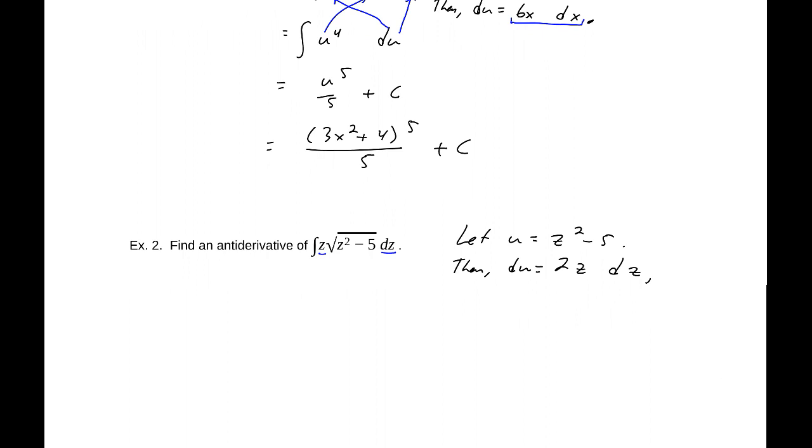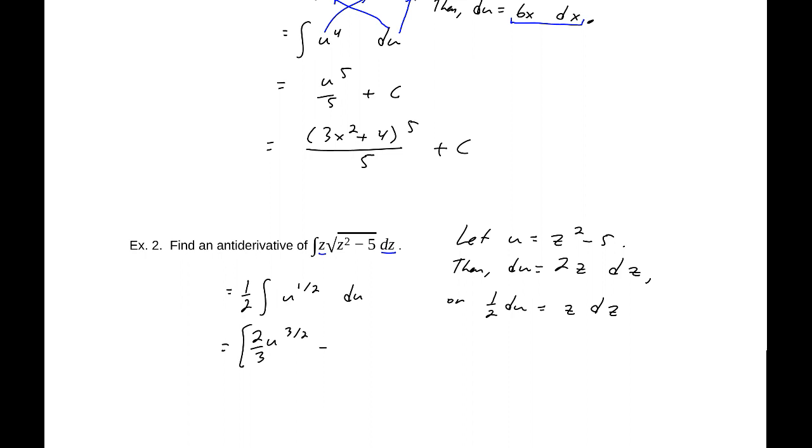So that is true. Or I could say 1/2 du equals z dz. So going up here, there's the 1/2 factor. Put my du. And then that would be u to the 1/2. Taking the antiderivative, 3/2, and that would be 2/3.